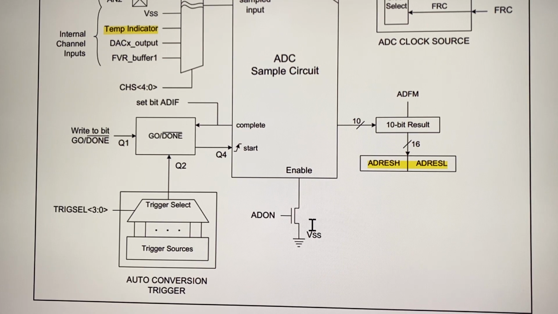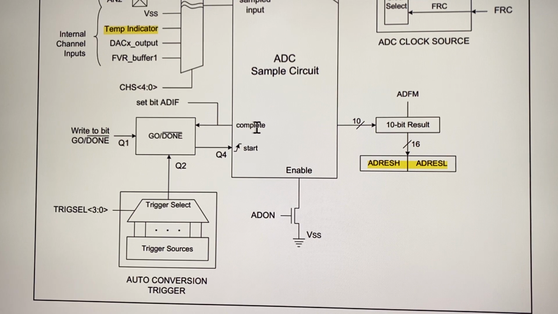And here we have another register, 2 bits, in which you have to write the GO bit to start a conversion, and the bit will return to its initial value to indicate that the conversion is complete.